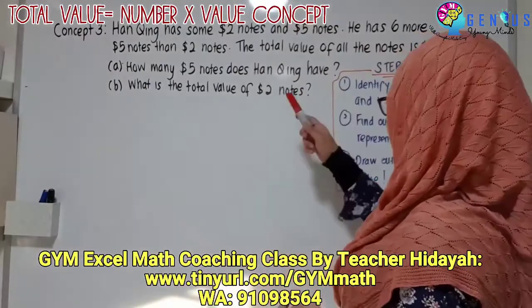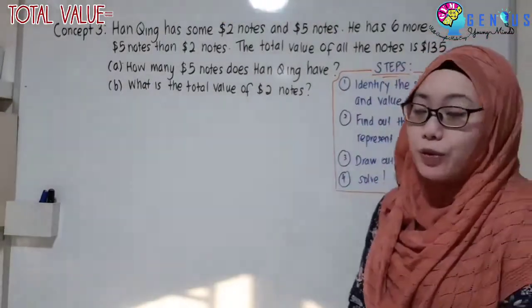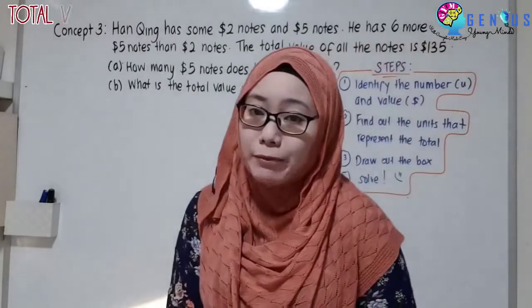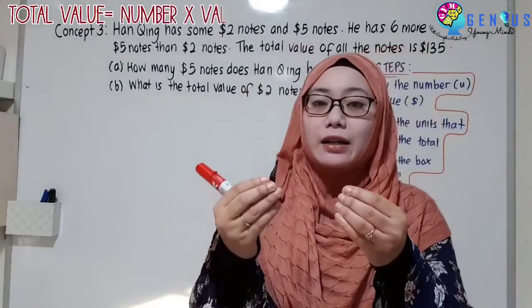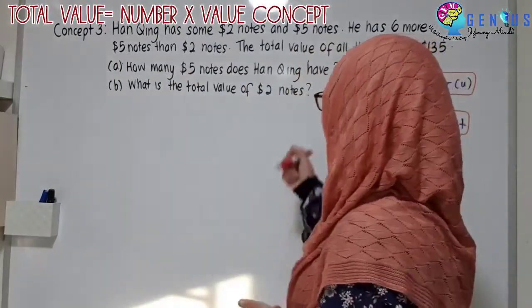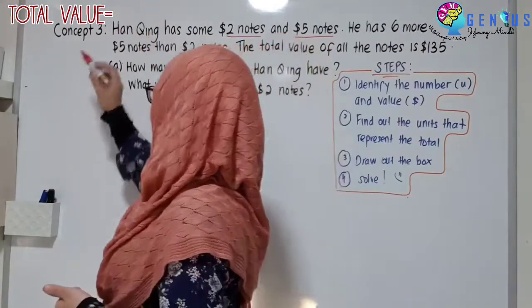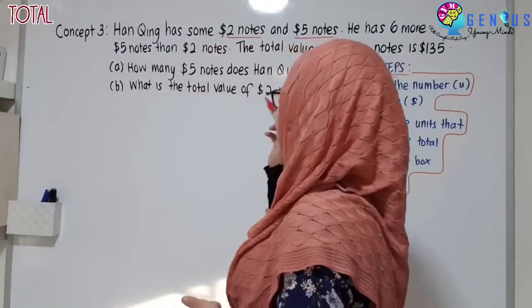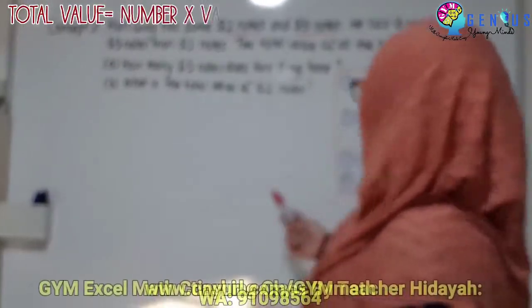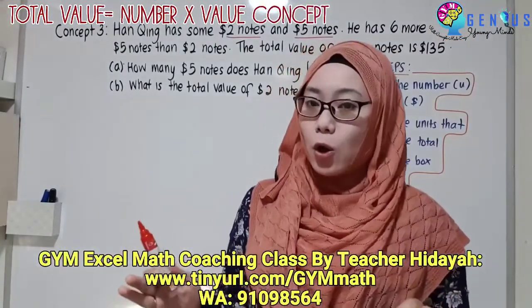So step number 1 is to identify the number and the value. For the number, it's the number of units representing the notes. In this case, we have $2 notes and $5 notes. The first sentence tells me that Han Ching has some $2 notes and $5 notes. We are not given how many units at all.